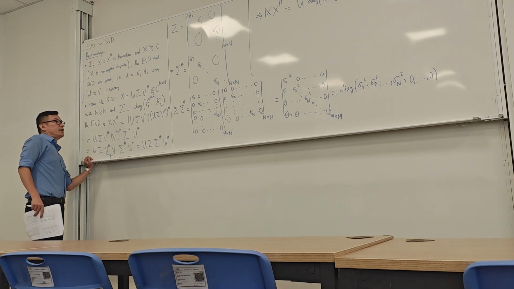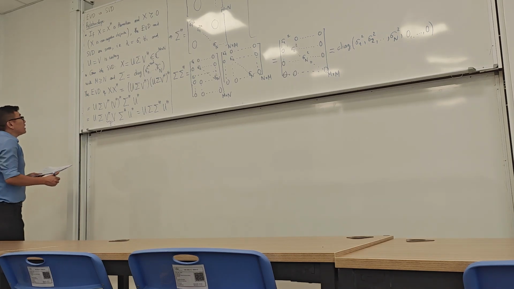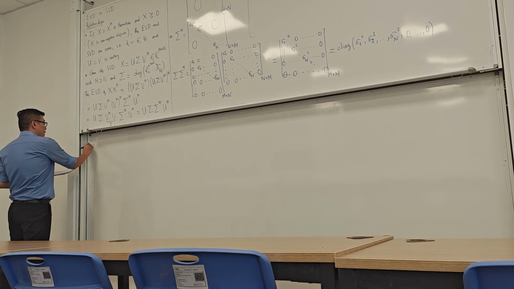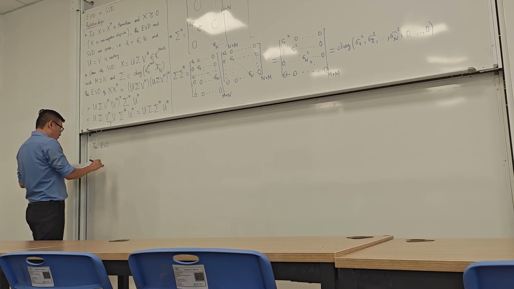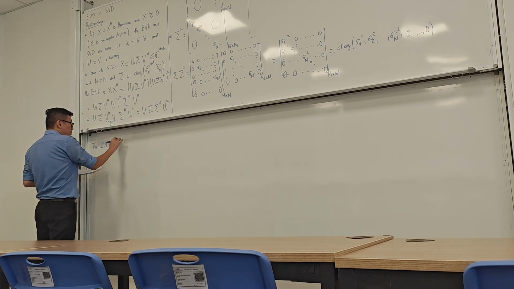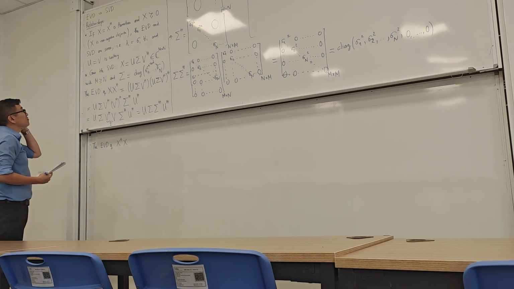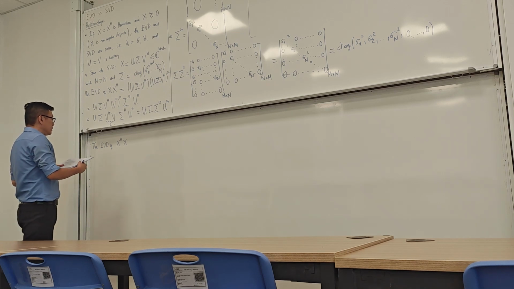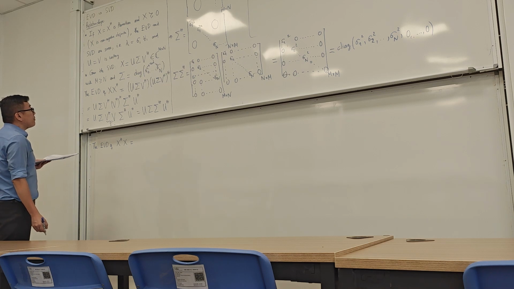Okay, just write like this first, and then we will have some comments later. Now the other one is the eigenvalue decomposition of x Hermitian transpose times x. We write x Hermitian times x.